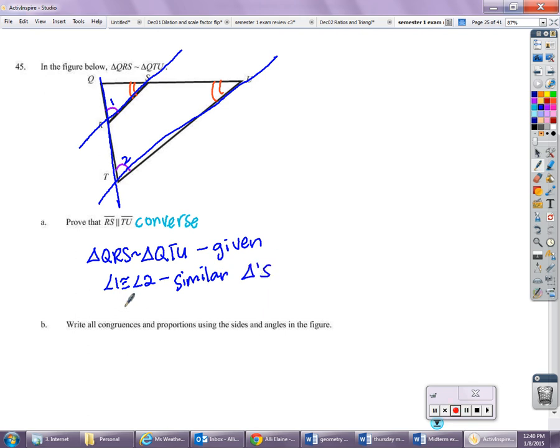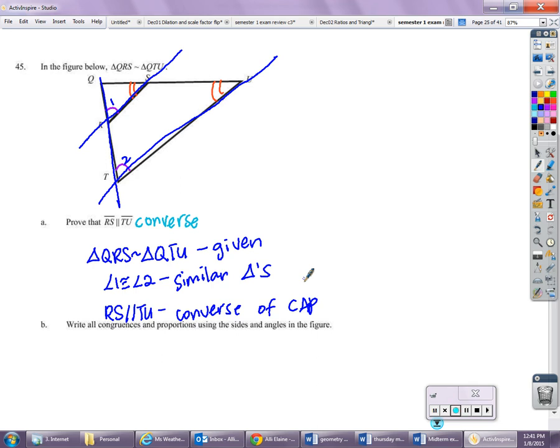And therefore, RS parallel to CU by the converse of corresponding angles. Okay. All right, and that should do it.